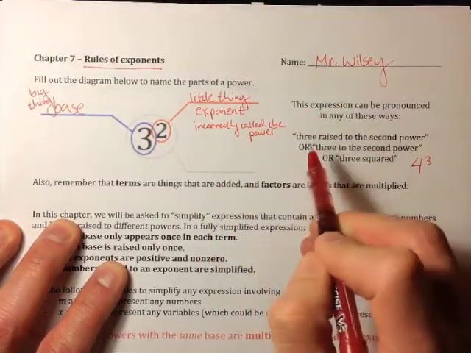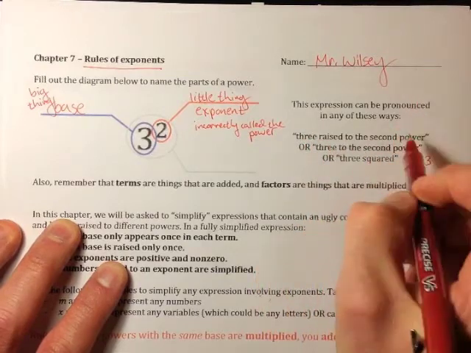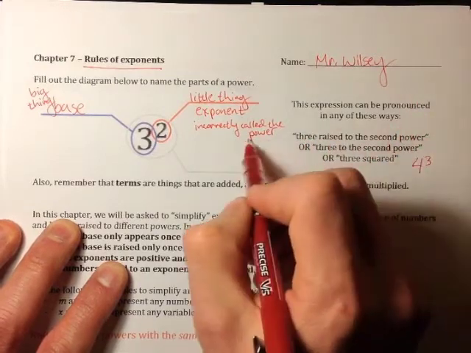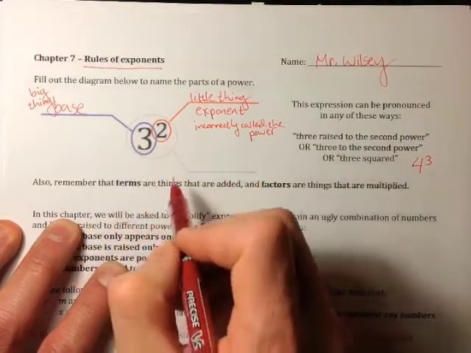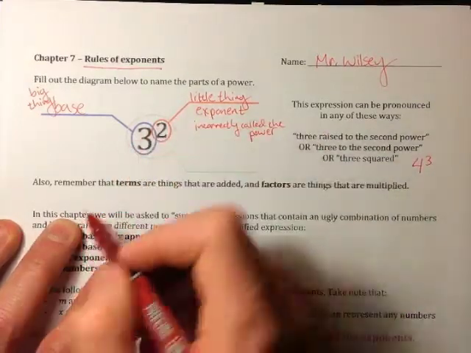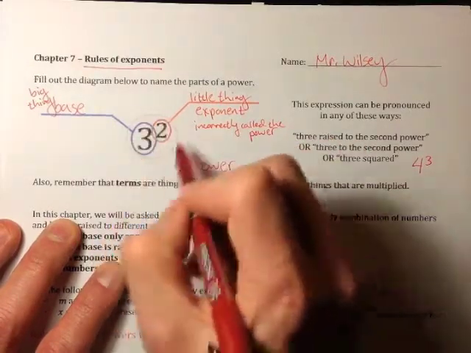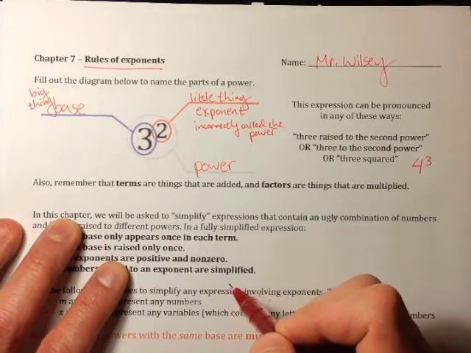Like over here, if you say 3 raised to the second power, that's probably not such a good use of that word, because I call the whole thing, 3 squared, a power of 3. So the whole thing is what I call a power.